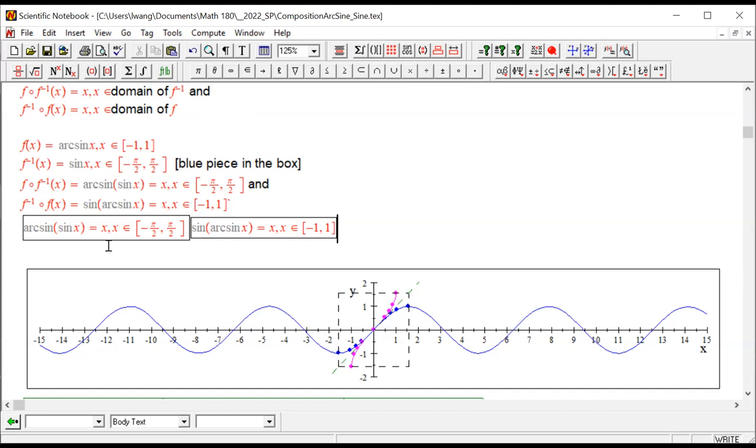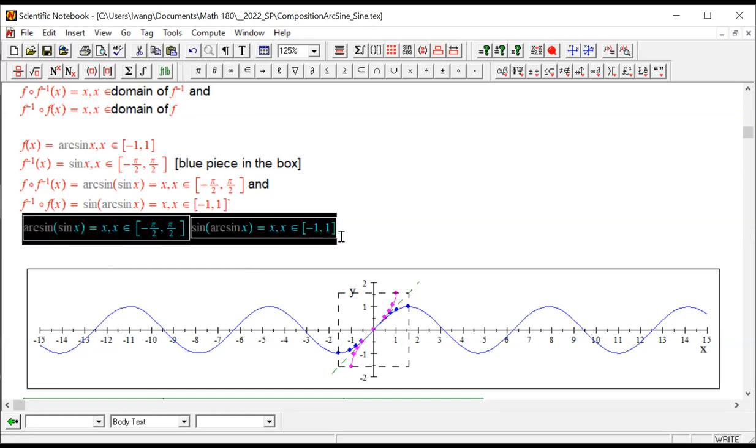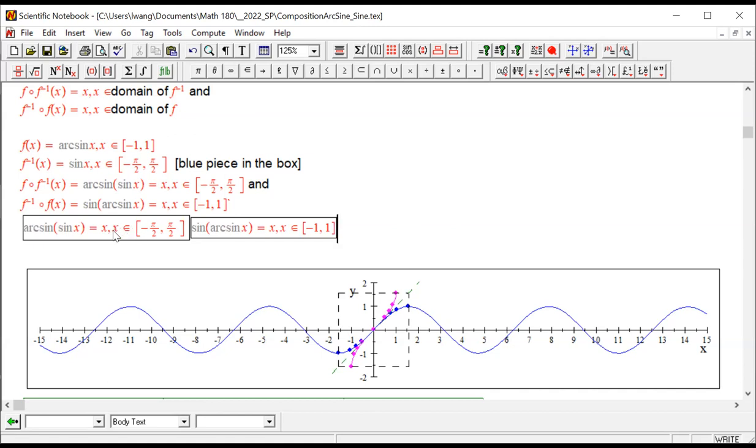For this reason, we have to know that the blue and the purple are not inverse to each other, but only when specified, and then that will be true.